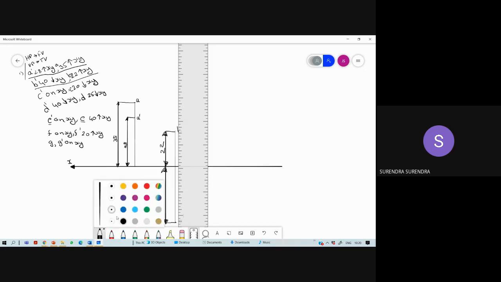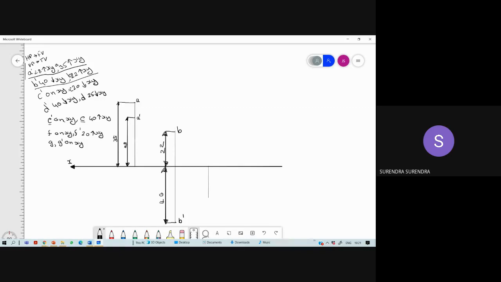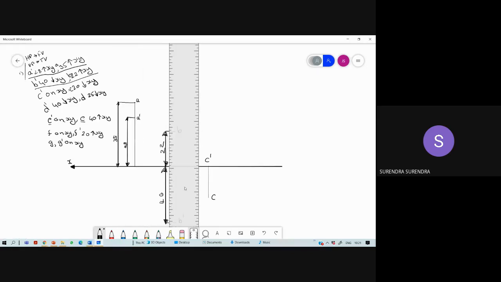Use an H pencil for projection. C dash on XY and C 20 mm below the XY line. So on the XY line, mark point C dash, and 20 mm below the XY line, mark point C. And next, complete the dimensioning.